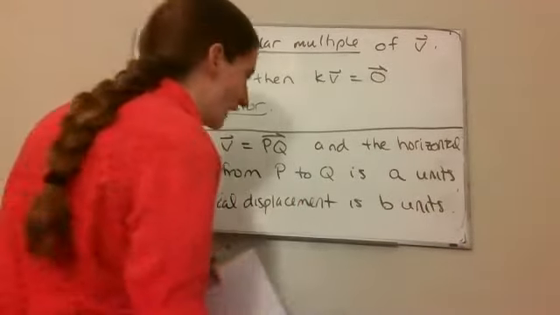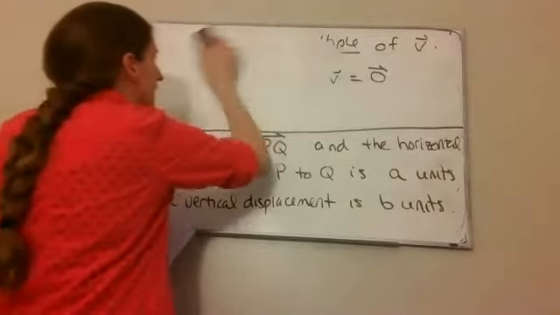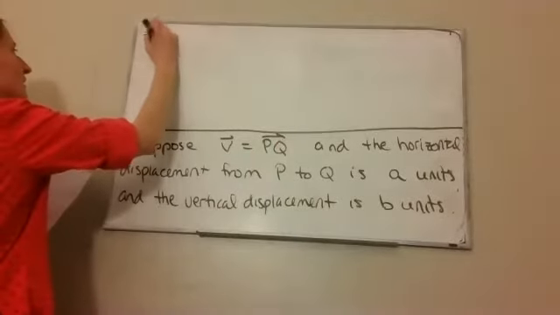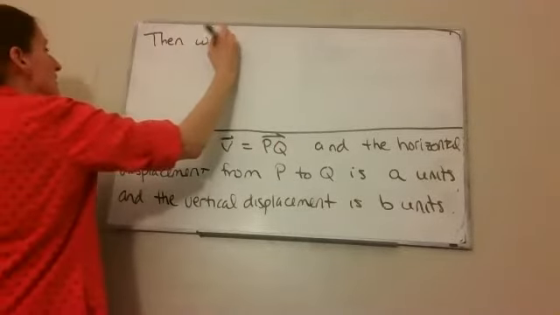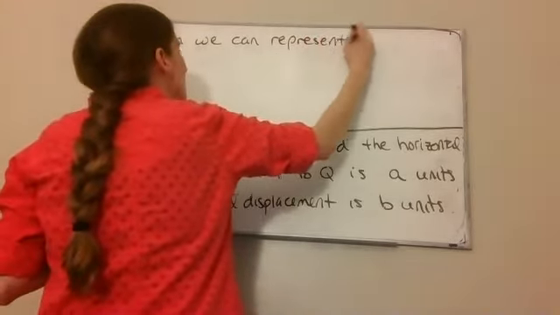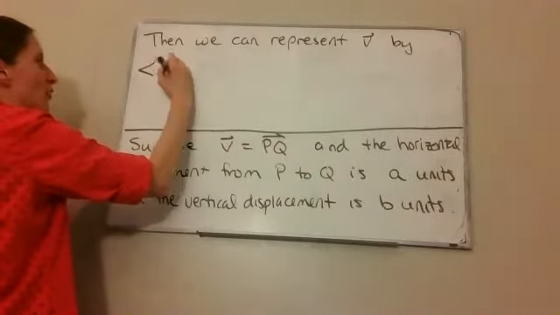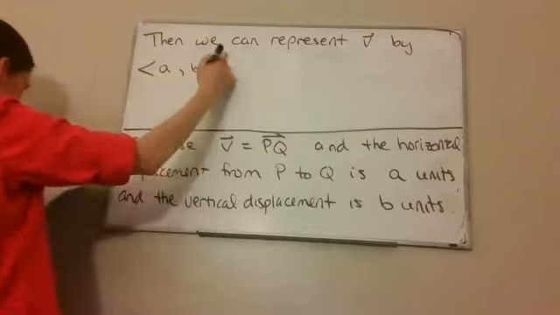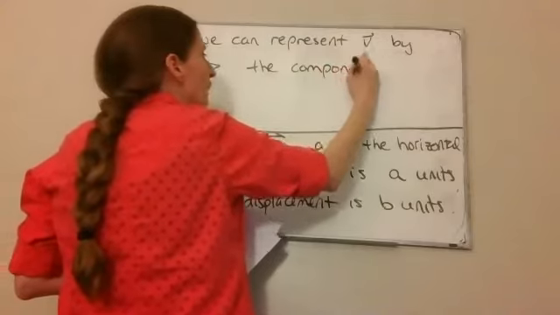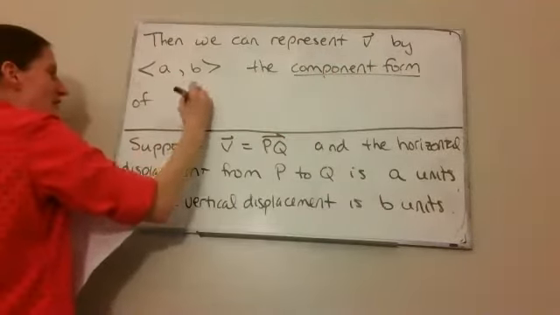Then we can represent the vector v in something called its component form. And it looks like little angular brackets, A, comma, B. And again, that's called the component form of vector v.